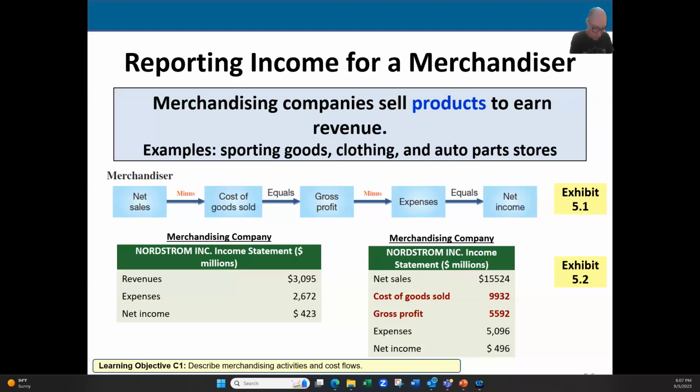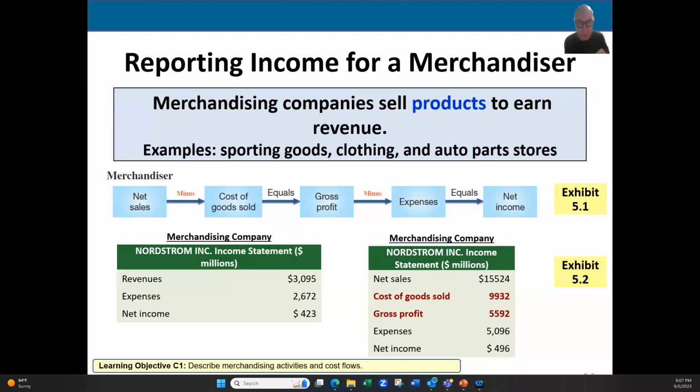So we whittle this $1,985,000 down by a lot. And so that leaves us with our net income. The net income is probably $100,000. So that's how it works. That's the quick and dirty on retail, on merchandising.